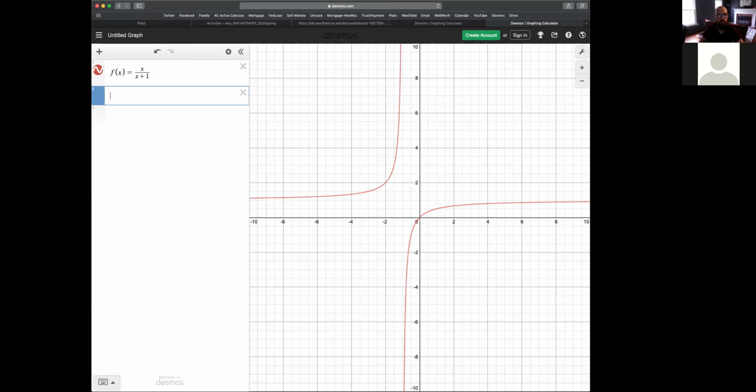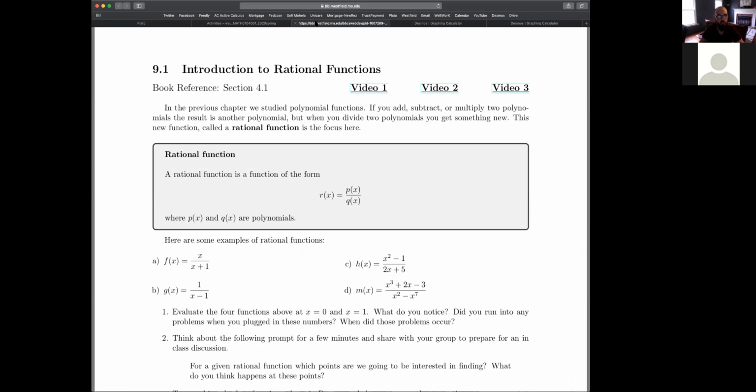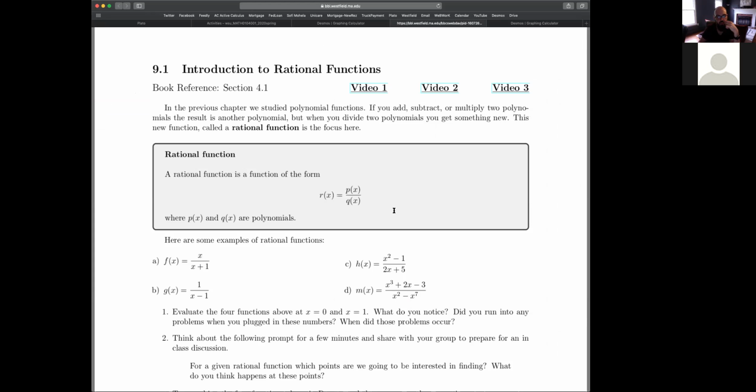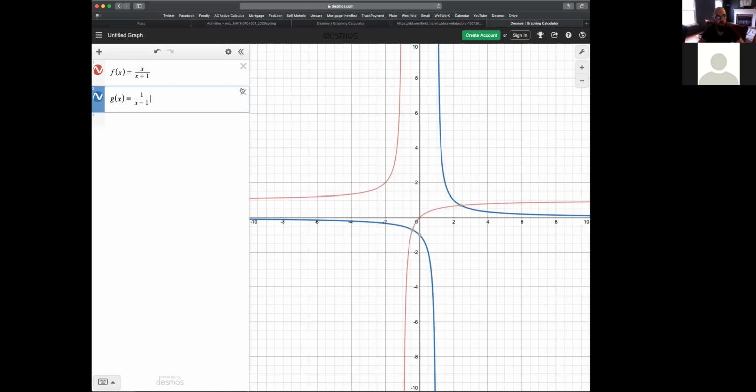It looks something like that, and then 1 over x minus 1. What do you notice about these functions as I'm typing them in here, Nick? What are you observing? There's two different parts, and they mirror each other.